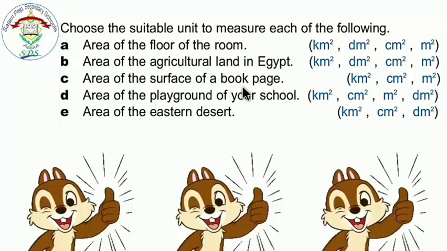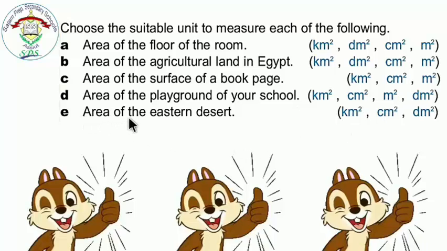This is a small object, so we will use square centimeter. The fourth one, area of the playground of your school. The playground is very long, so we will use square meter.